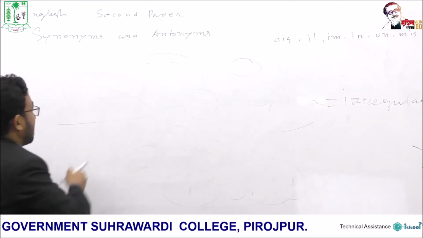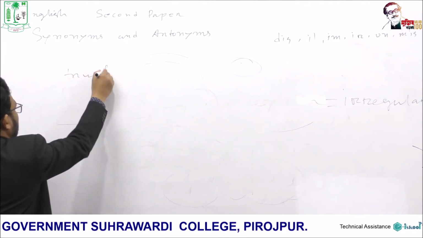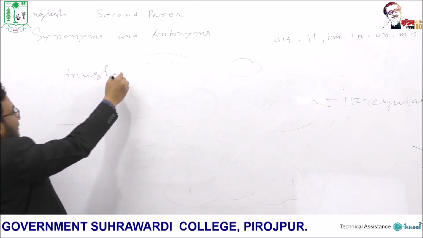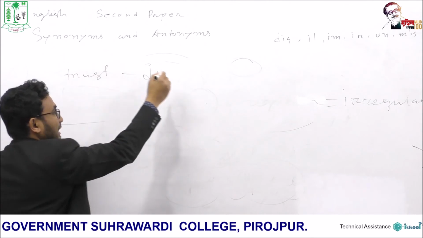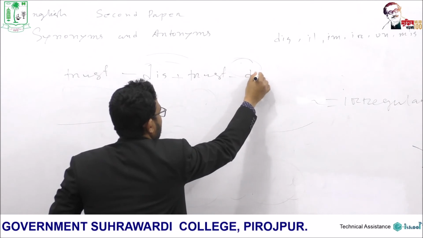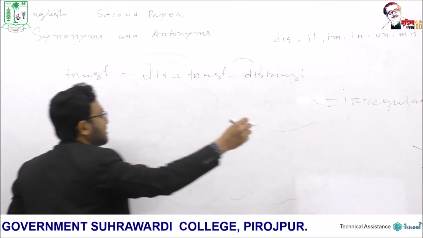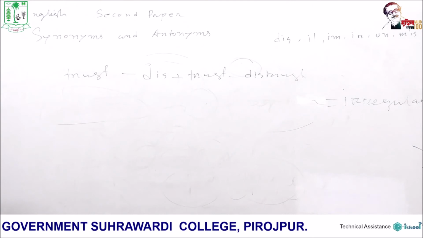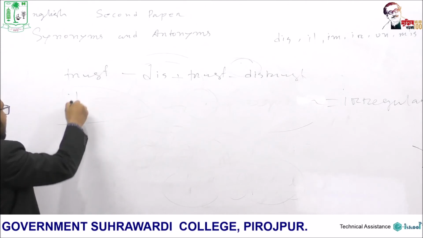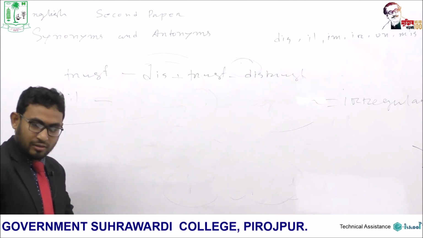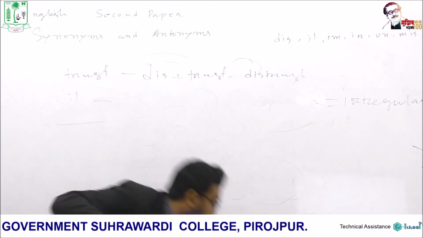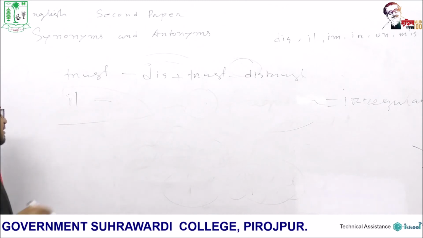Look at this word, trust. If I add the prefix dis plus I write trust, it becomes distrust. Distrust is the opposite of trust. So this creates an antonym. Look at this prefix, il.